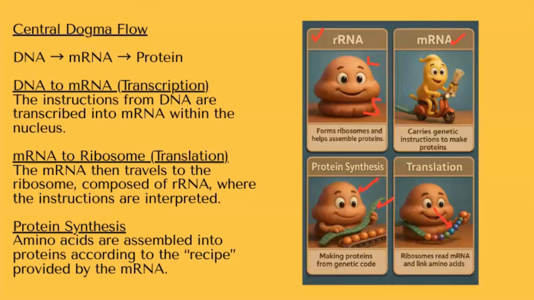So to recap, we have DNA, which then goes to mRNA or messenger RNA. So that's this right here. And what it does is it takes the DNA code and transcribes it into what's called messenger RNA. And if you remember in Unit 1, I told you that DNA is double-stranded while RNA is single-stranded.